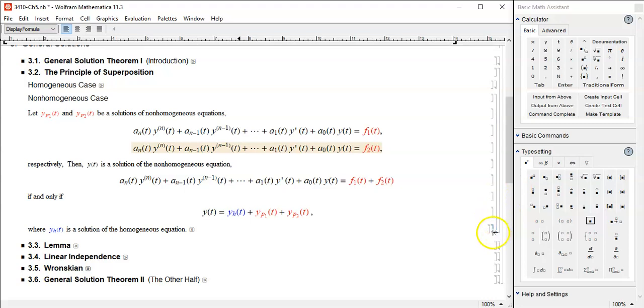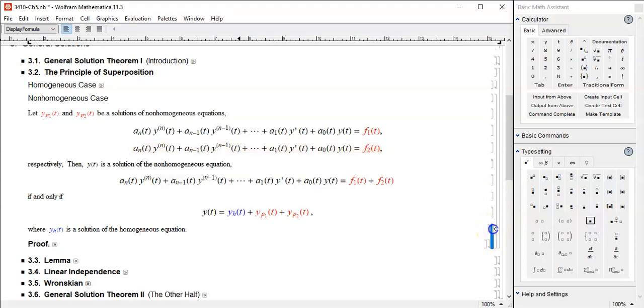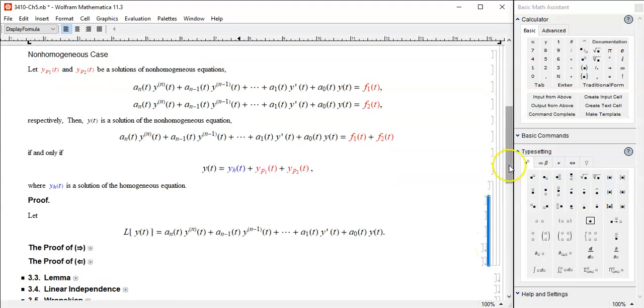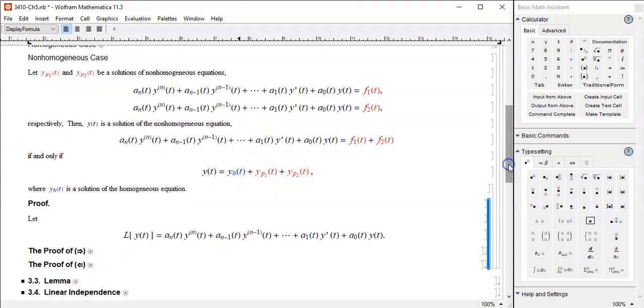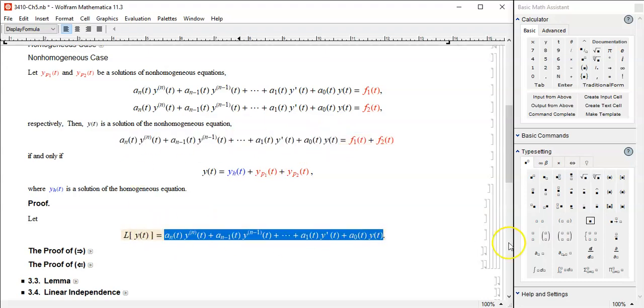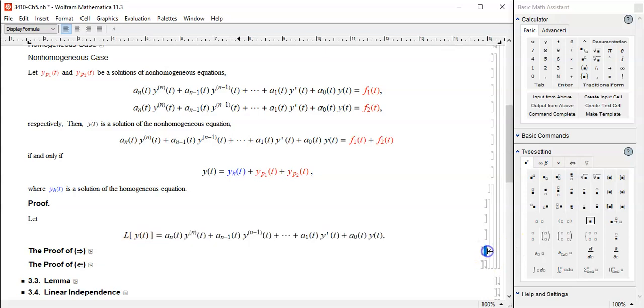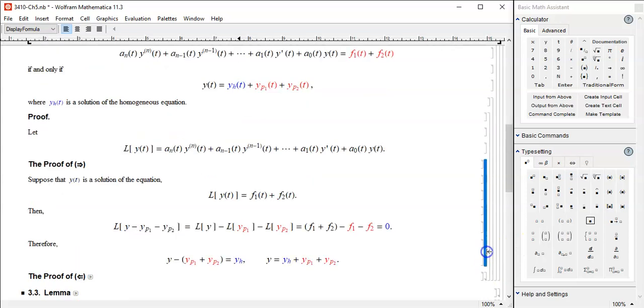Okay, how do you prove that? Well, it's easy, but this is an if and only if, so you have to be a little bit careful. Let's talk about one direction, but before that, for simplicity, let's put L of y as the left-hand side of that ODE, this part, okay? All right. And then let's prove one direction. Let's suppose y is a solution.